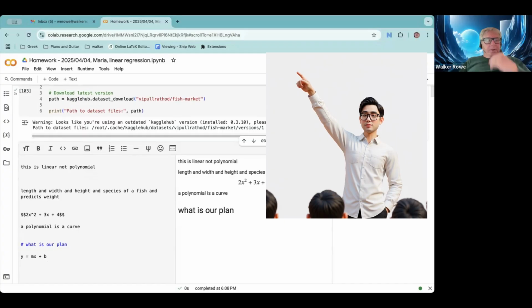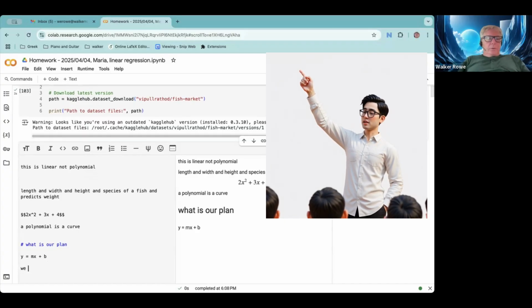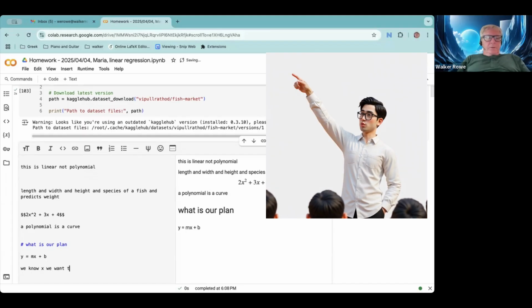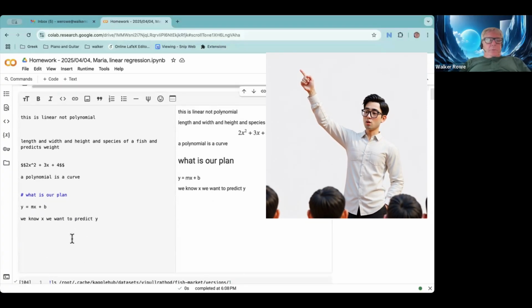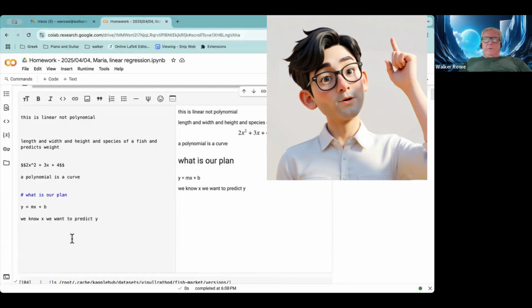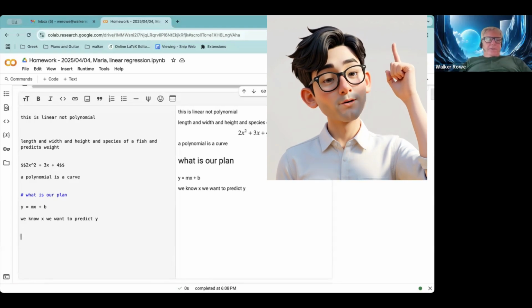You remember that? We know x, we want to predict y. When we use simple linear regression, there was one value for x. It's the same thing though.